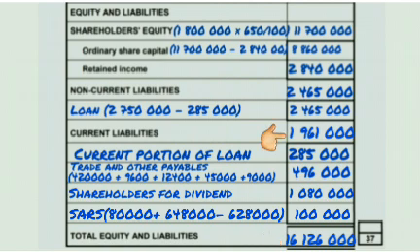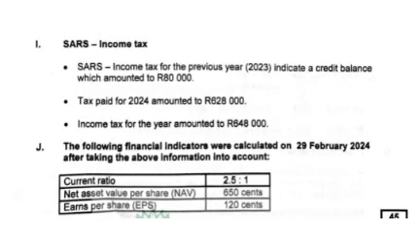The current liabilities of 1,961,000, I'm going to use it to get my current assets using the information J's current ratio of 2.5 is to 1. So basically we are saying if you know the formula for current ratio, if I use that 1,961,000 that is current liabilities and I multiply it with this 2.5, I'm going to be able to get my current assets, the total for my current assets.